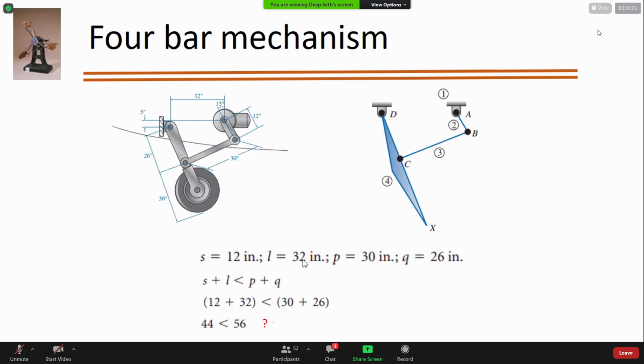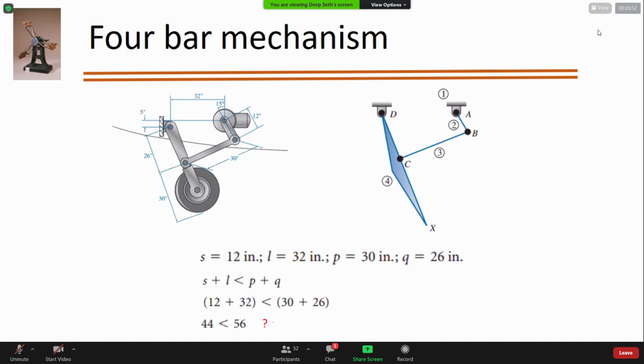So this is your mechanism. Basically, when you have this mechanism, you will have at least one rotation, which is at the smallest link. At link number 2, you will have full rotation if you want. If you don't want it, it's okay. It's up to you whether you want full rotation or not, even though it is available.